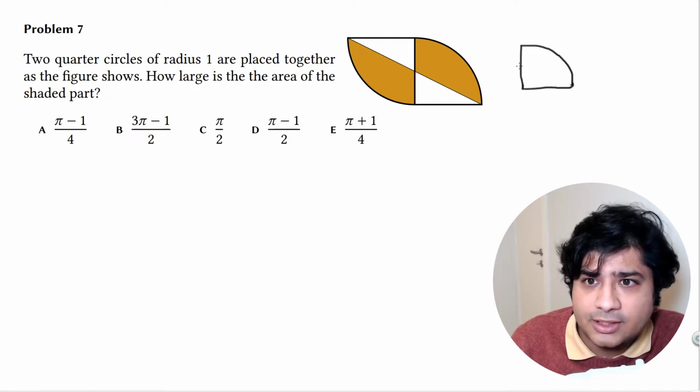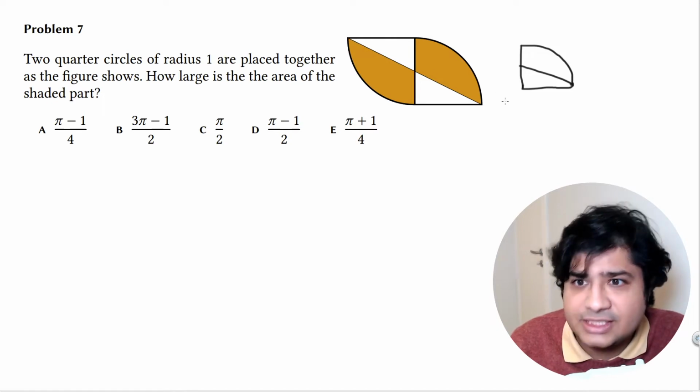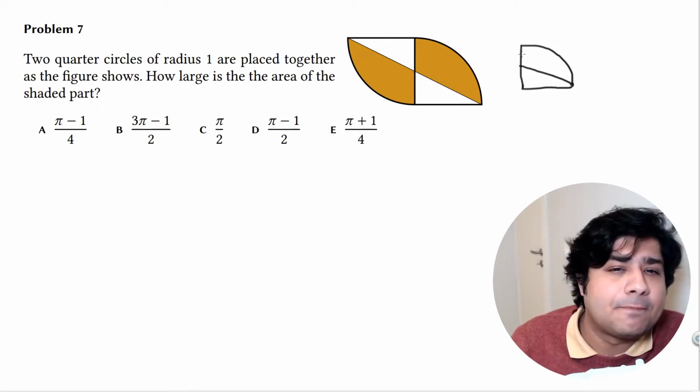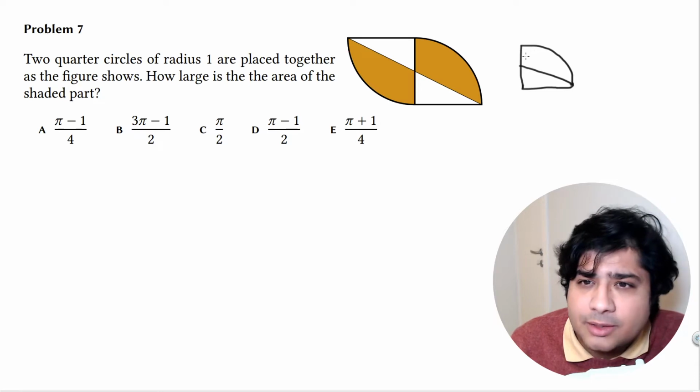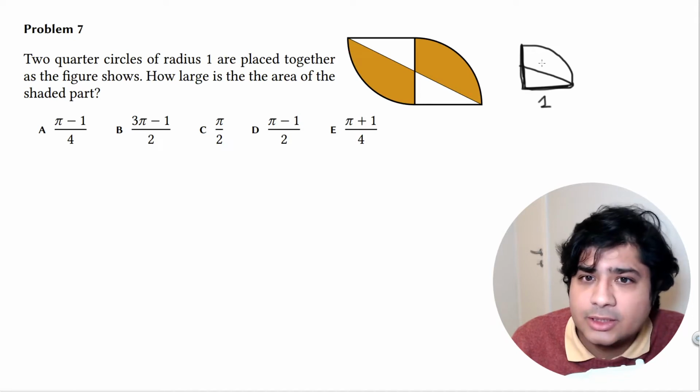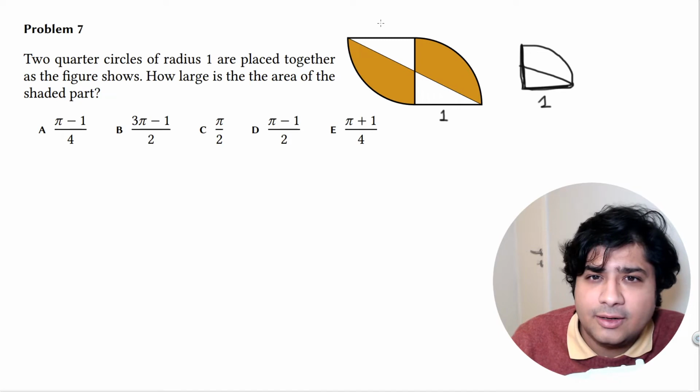And of course here there's a little diagonal from this tip to this tip. Radius 1 means that this length right here, which is the same as this length, is the radius, which is 1. So that's a 1 here, and this is 1, and this line is also 1.